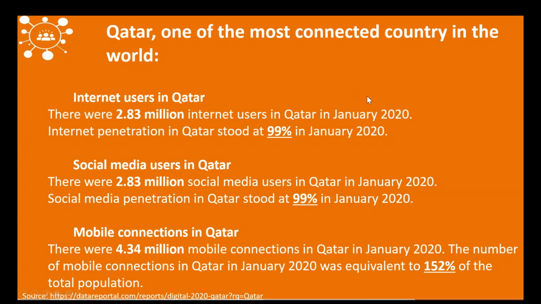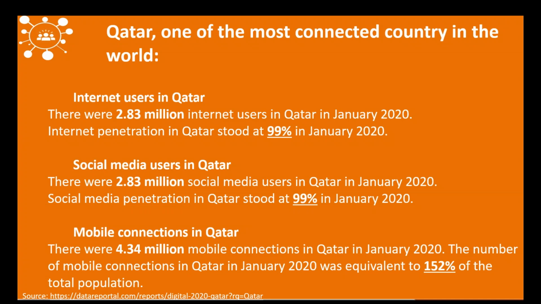But what about Qatar? From the technological point of view, we know now that Qatar is one of the most connected countries in the world. The internet penetration is close to 100%. The social media penetration is also near 100%. The use of mobile connection is about 152%.